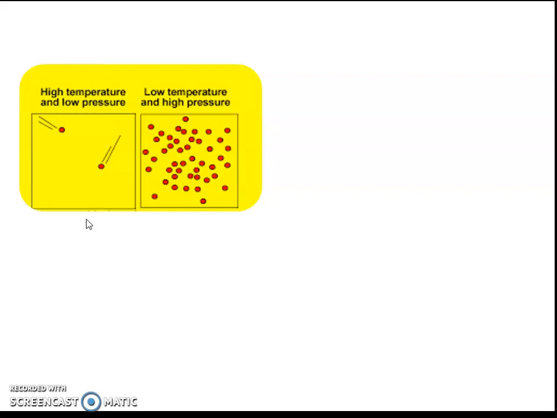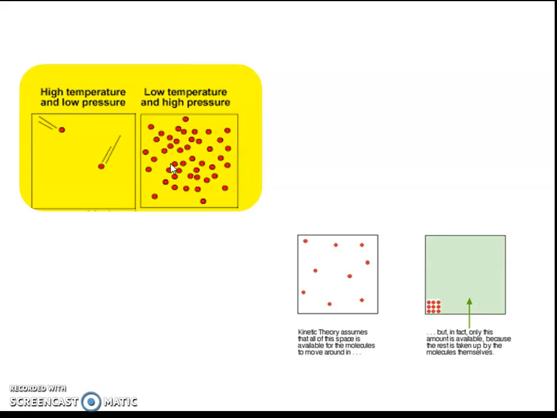At low pressures, this will not have much effect because the molecules are far apart and their size becomes negligible compared to volume. But as the pressure increases, the molecules come closer. As a result, the volume occupied by the molecules becomes significant compared with the volume of the container.